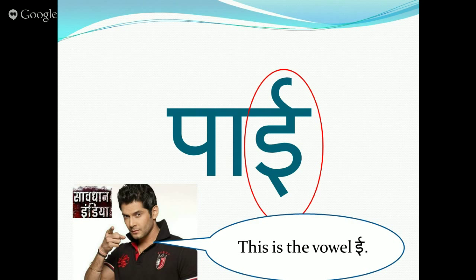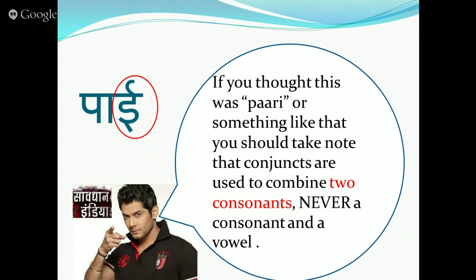So conjuncts, including the rodent on the tree branch, only work when we're trying to join two consonants. We're trying to get rid of the sound in between two consonants. So this is actually pai. And this is what we just talked about: two consonants, never a consonant and a vowel.